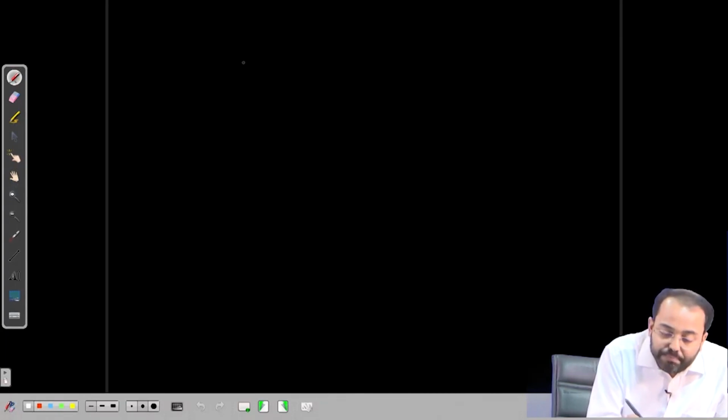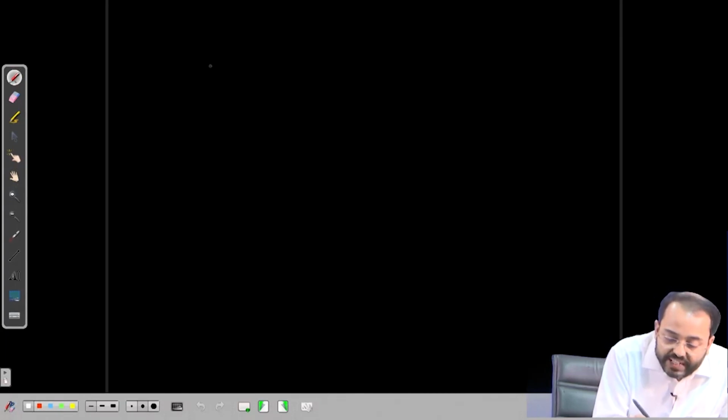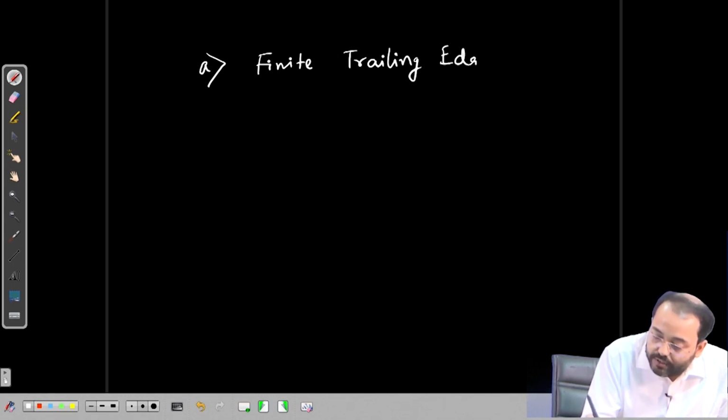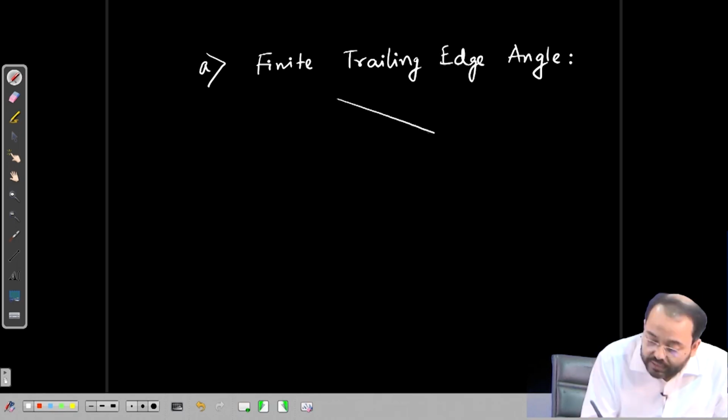Actually, this can be simply shown using two types of trailing edge. First, let us assume a finite trailing edge angle. Let us say the foil has a finite trailing edge angle alpha.